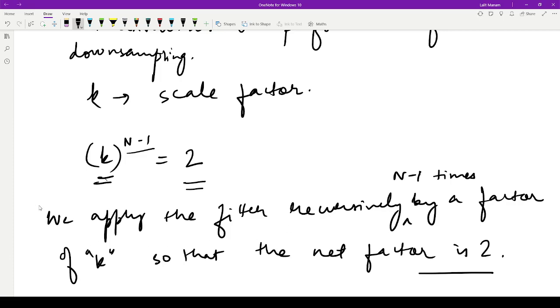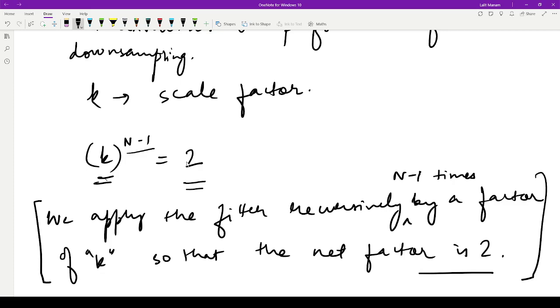Is this statement clear? So we are trying to apply a filter with scale factor k, n minus 1 times, so that our net scale factor is 2.